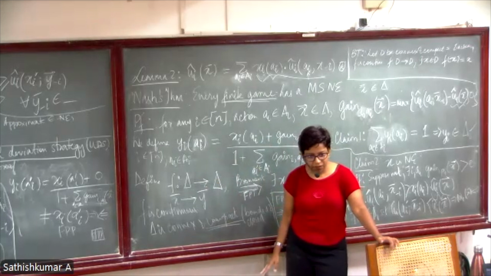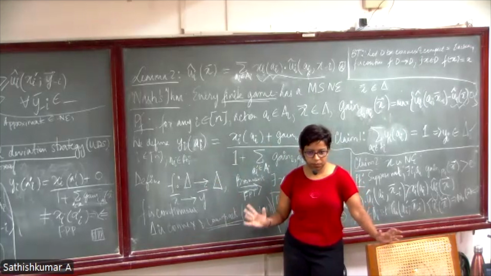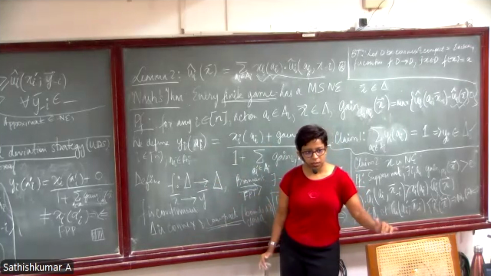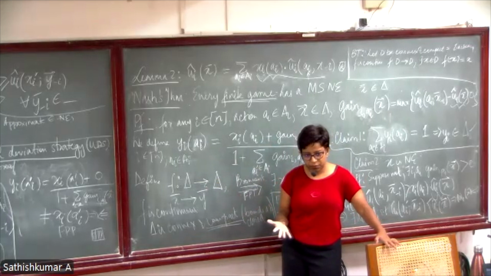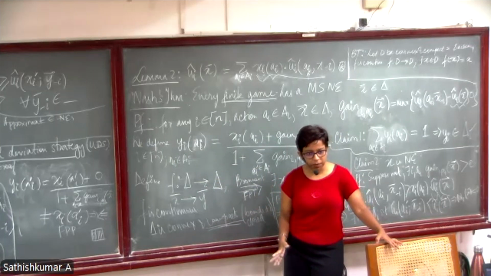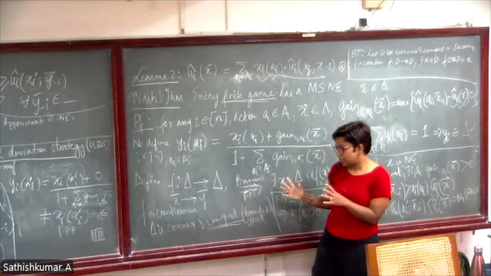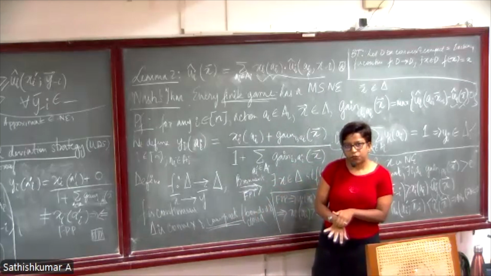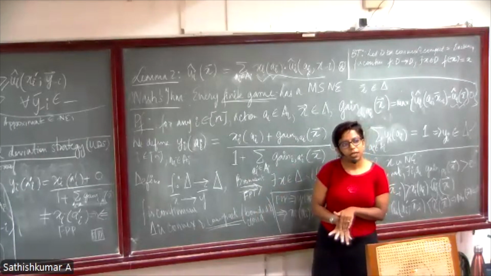People have studied dynamics: over several rounds, can the players who are playing learn a Nash equilibrium? There are some results which show that such convergence happens, and sometimes they show that it may not happen. Another thing you must notice is that these results are a bit different from the more standard algorithmic results that we see.